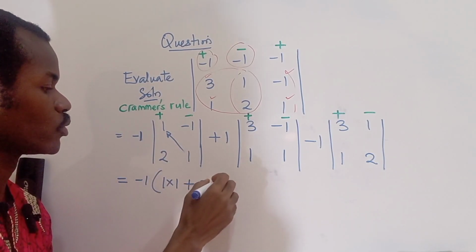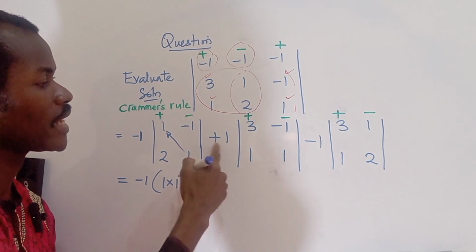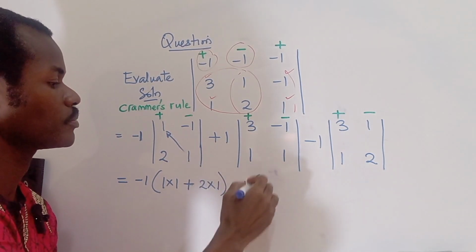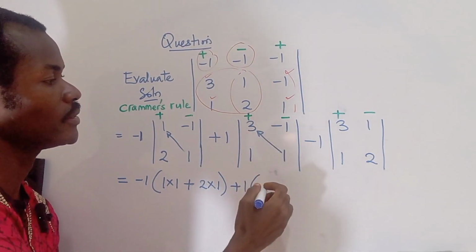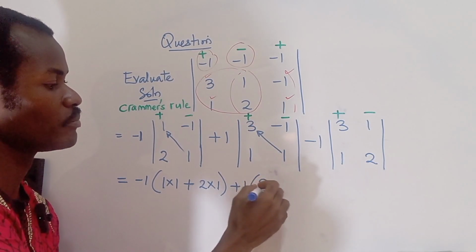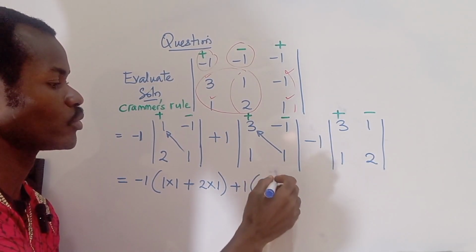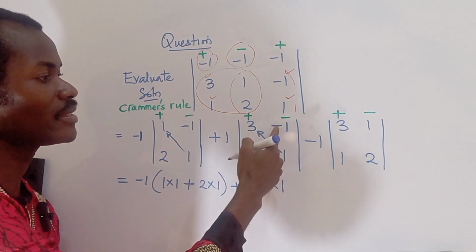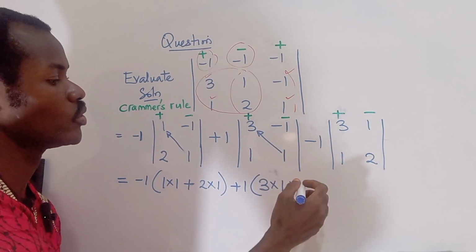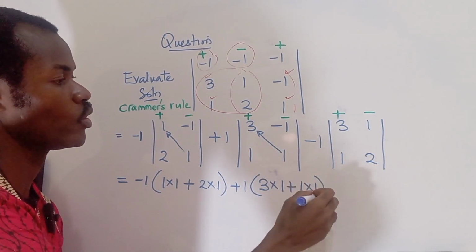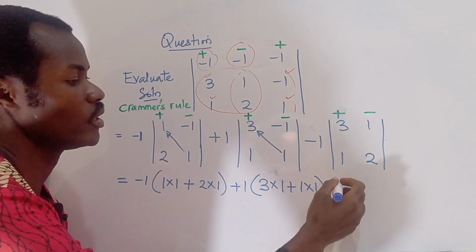Now here we have plus 1. This is plus 3. So we are coming this way to multiply. So we have plus 3 still means 3. So 3 times 1. Now minus times minus is plus. So 1 times 1 is 1. So we have minus 1.